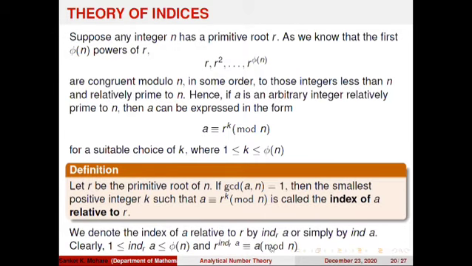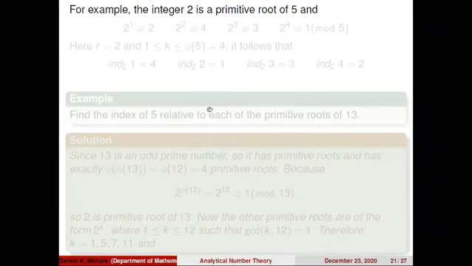Now let's exhibit the definition with an example. For example, the integer 2 is a primitive root of 5. 2 to the power 1 is congruent to 2, 2 square is congruent to 4 modulo 5, 2 cube is equal to 8, and 8 is congruent to what modulo 5? 8 minus 5 is 3, so 2 cube is congruent to 3.